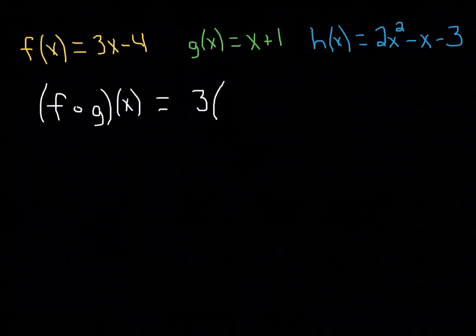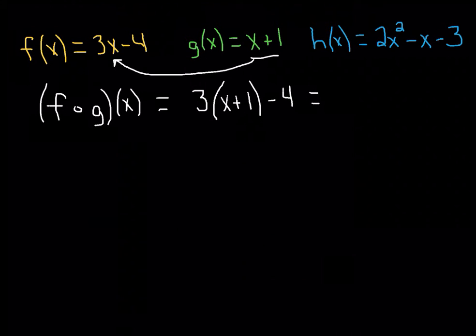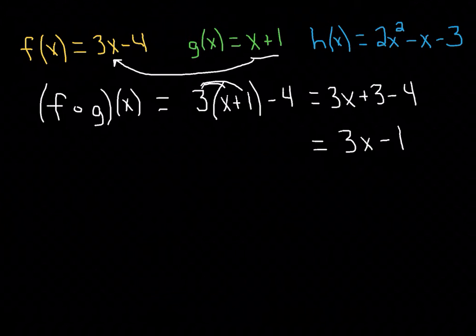So I'm going to plug in x plus 1. I'm taking this value and plugging it in to there. But I still have the minus 4. Now, go ahead and distribute, and you get 3x plus 3 minus 4. And then combine terms, you get 3x minus 1.